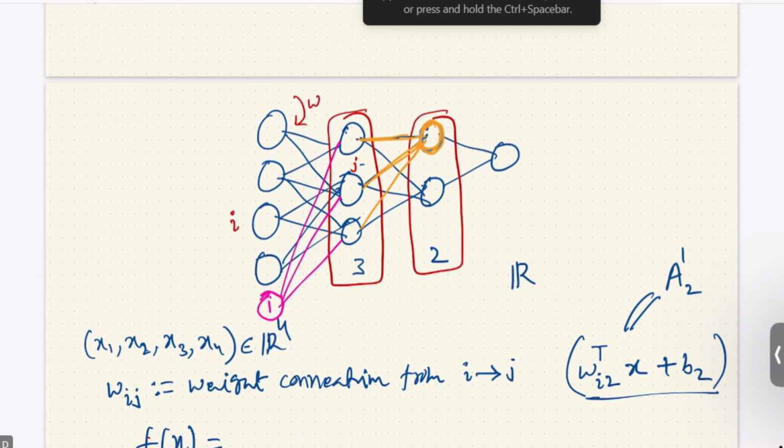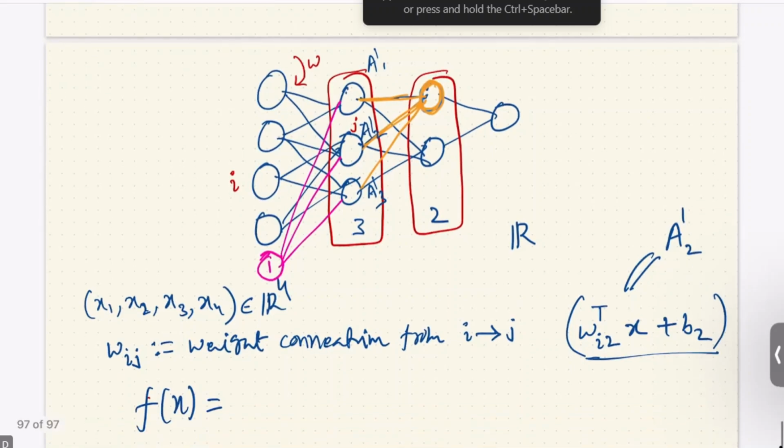So this I can call A11, this is A12, this is A13. Those are affine functions. Every affine function takes inputs from the same x1, x2, x3, with the weights connected to it in this format. So these are the two things.